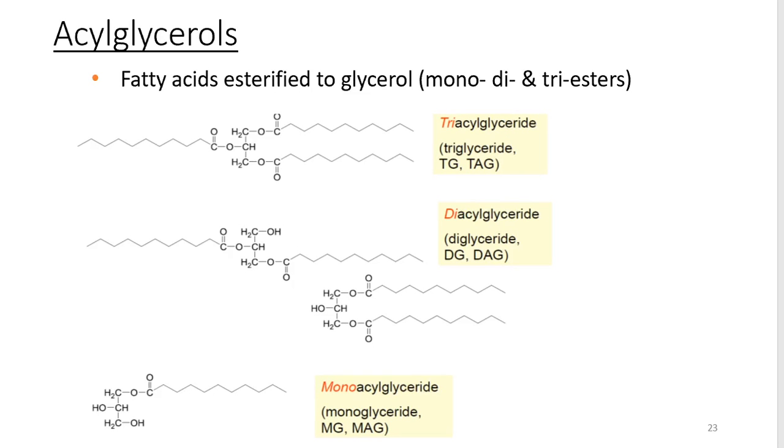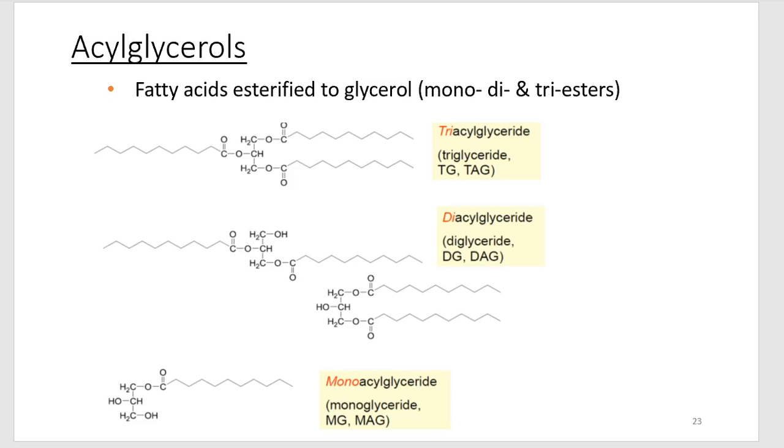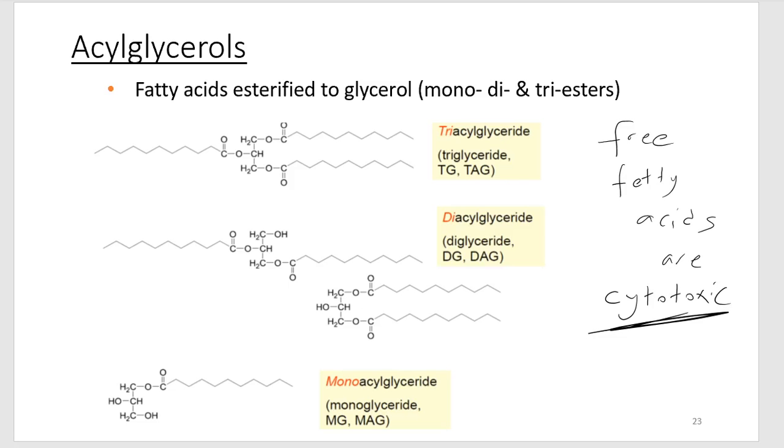Another lipid group is acylglycerols. You learned that fatty acids are the main building blocks of the lipids, but free fatty acids are not common in living tissues because they are cytotoxic. They disrupt the cell membrane organization.